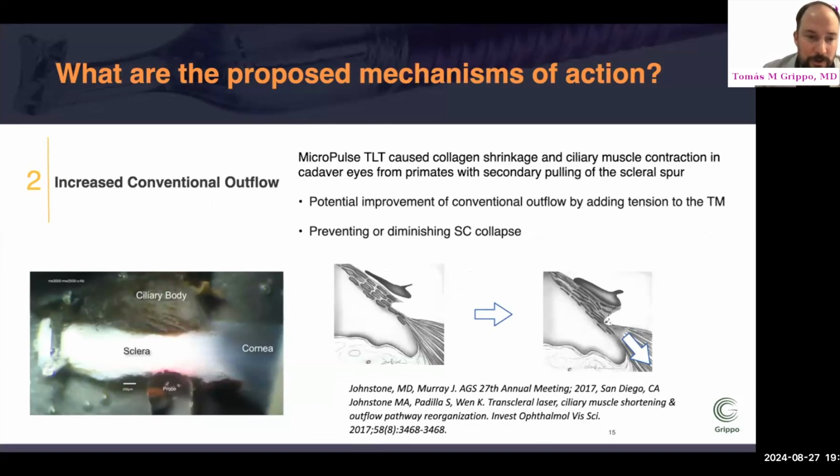And what he actually showed, and we can see on this video below, is that the energy delivered by the MicroPulse would cause contraction of the ciliary muscle, which would pull on the scleral spur and would move the scleral spur posteriorly, causing an increased tension at the level of the trabecular meshwork, and also prevention of Schlemm's canal collapse. And we know that that improvement in the function of the conventional outflow system could lead to an increase in aqueous humor draining through that outflow system.